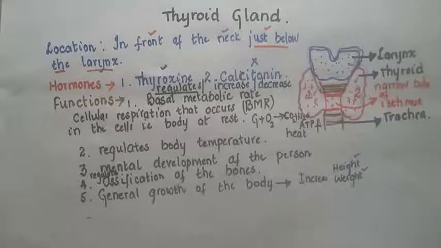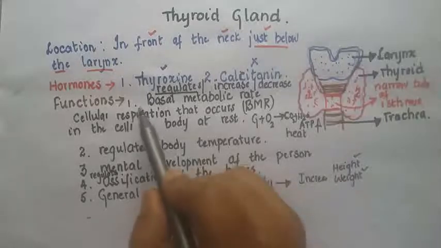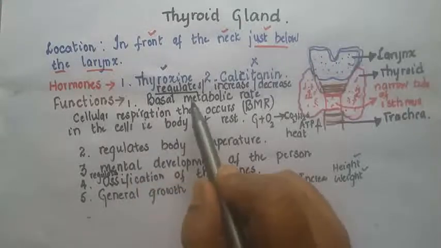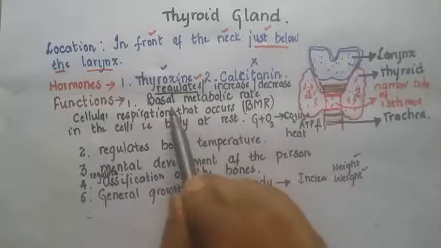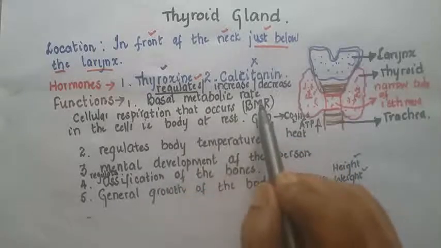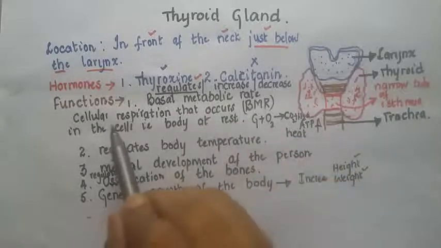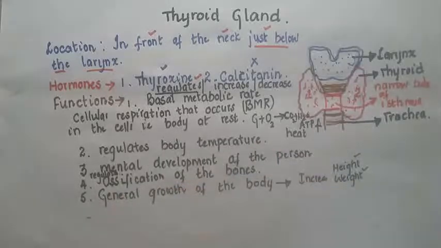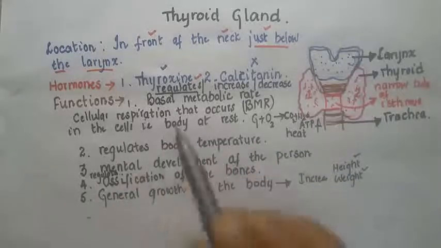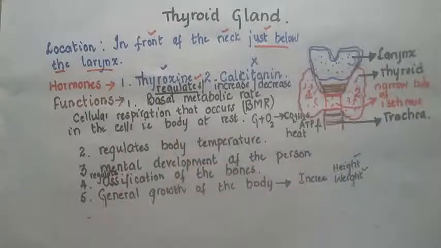Children, you have to learn all the functions, because anything can be expected in the objective type, and whenever you are writing the functions, you have to be very clear. So let me just revise it once again. The first function of thyroxine is that it helps in regulating the basal metabolic rate. That is, when the body is at rest, it undergoes cellular respiration, which is regulated by thyroxine.